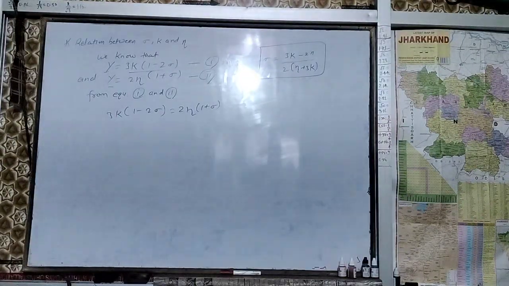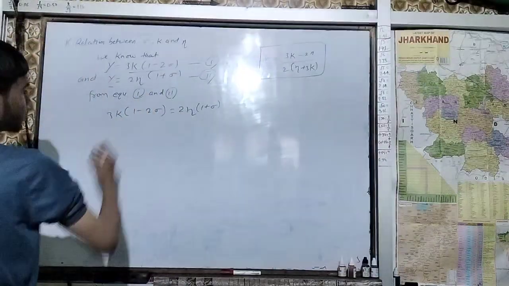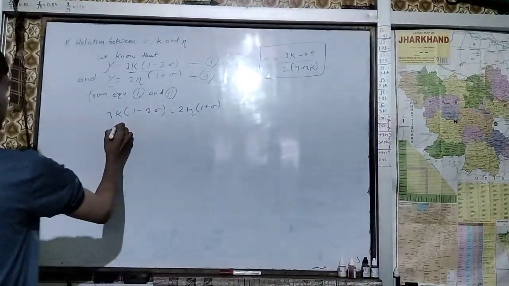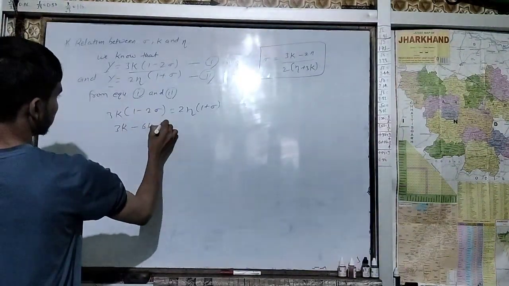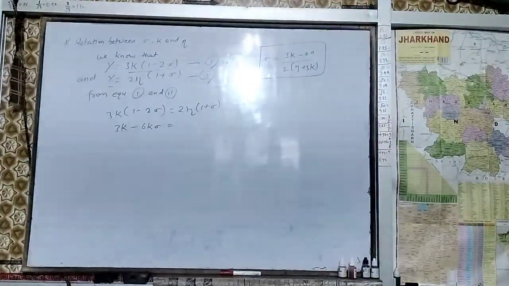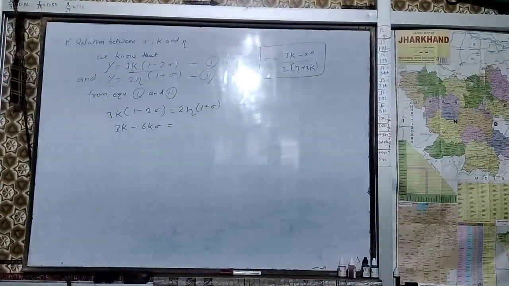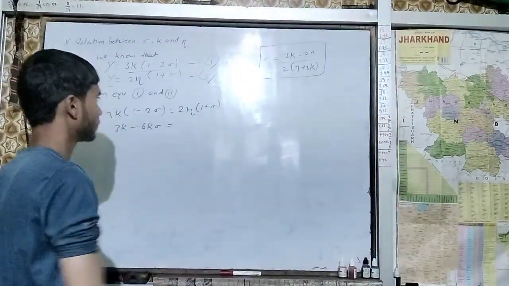Now just multiply. Look at how 3k into 1 is 3k, and 3 twos are 6, so 6k times the Poisson's ratio is equal to 2η, and now you can multiply this 2 Poisson's ratio with these terms.